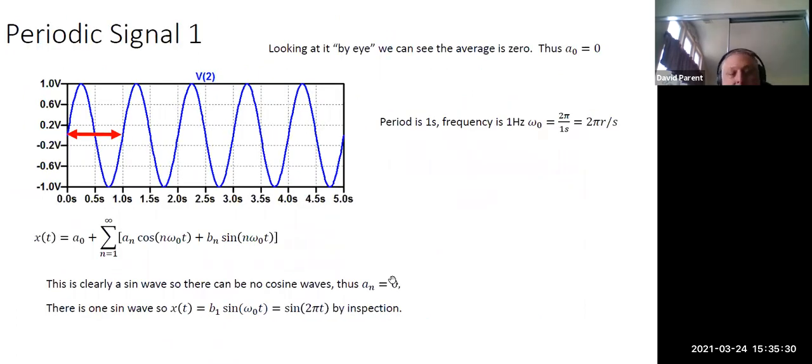So now let's look at periodic signal number 1. I look at that, and my AI tells me that's a sine wave. It looks like it's symmetric about 0. Some people like to measure the period from peak to peak.